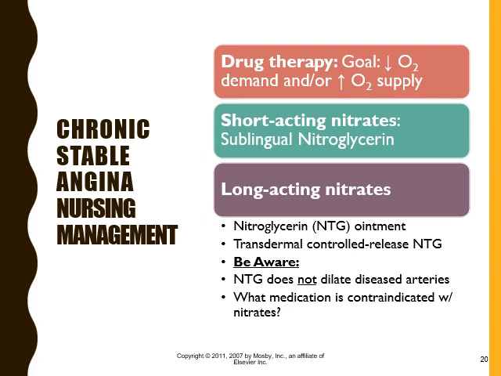Make sure it's not expired. It goes under the tongue. It should tingle under the tongue. If the chest pain doesn't go away in 5 minutes, now maybe it's unstable angina and we'll take a different route. We'll talk about that soon. Short-acting nitrates, sublingual nitroglycerin. Longer-acting nitrates may involve something like transdermal controlled release or the ointment.